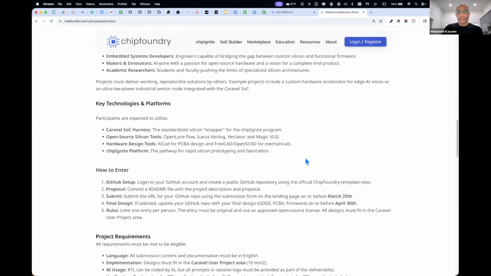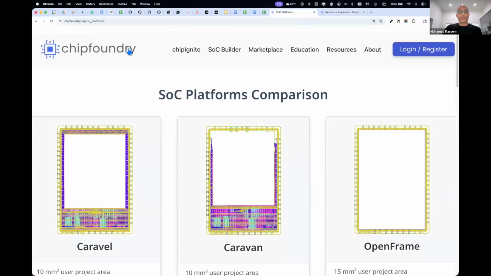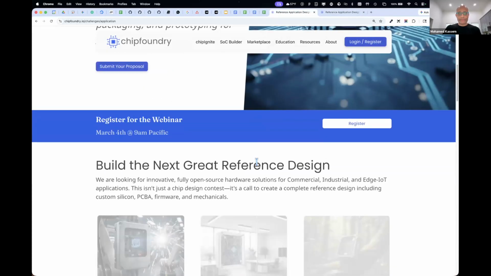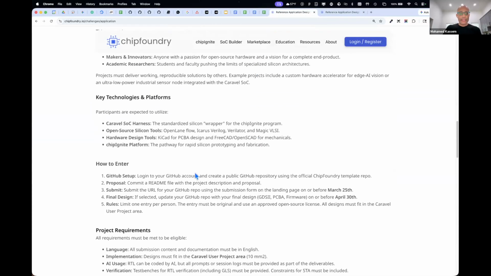If you go to the Chip Foundry website directly, you're going to find it right in front and center, a join the challenge link, and you're going to get in. You're going to find the page that I'm going through here. Generally speaking, you need to create a project, and as part of the process, you would need to submit the idea or the intention of what you're trying to do in a proposal before March 25th.